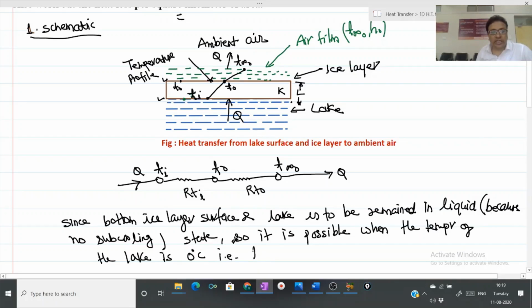So I can say Ti is at 0 degrees Celsius.